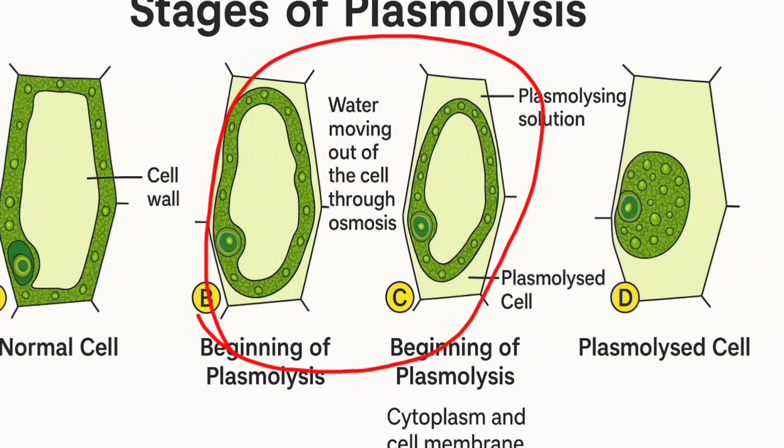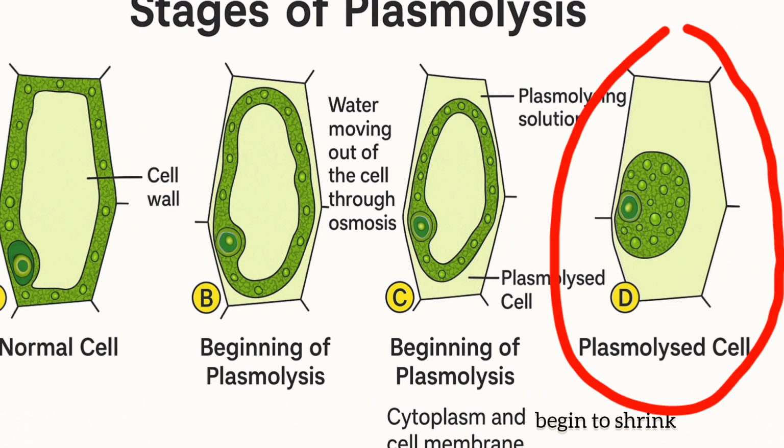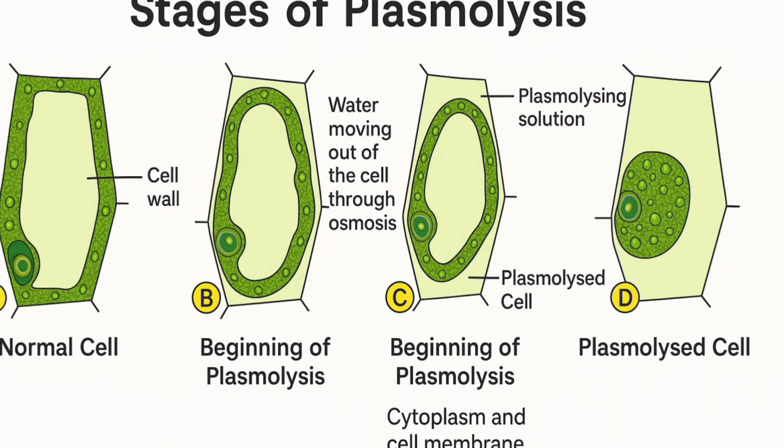Here water starts moving out of the cell through osmosis, and the cytoplasm and cell membrane begin to shrink away from the cell wall. And D shows a plasmolysed cell, that is, a lot of water has left the cell and the cell membrane has completely pulled away from the cell wall, and this condition is called plasmolysis.